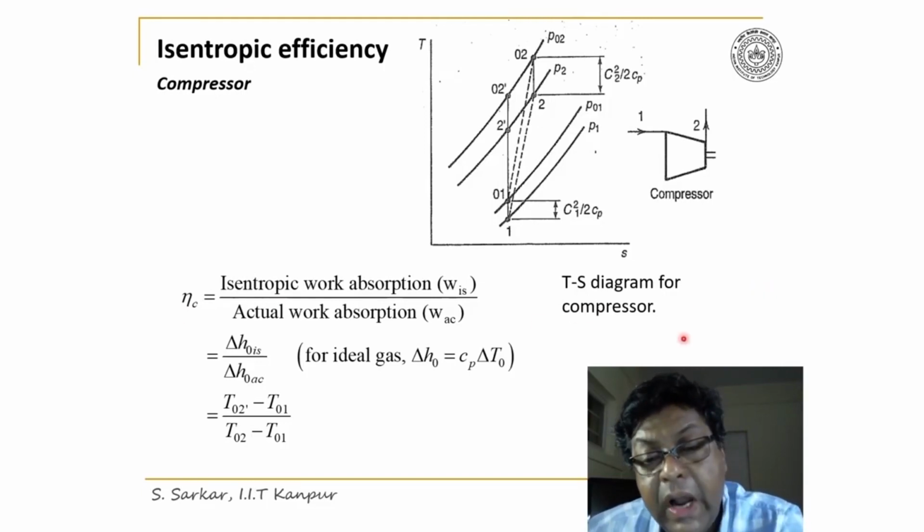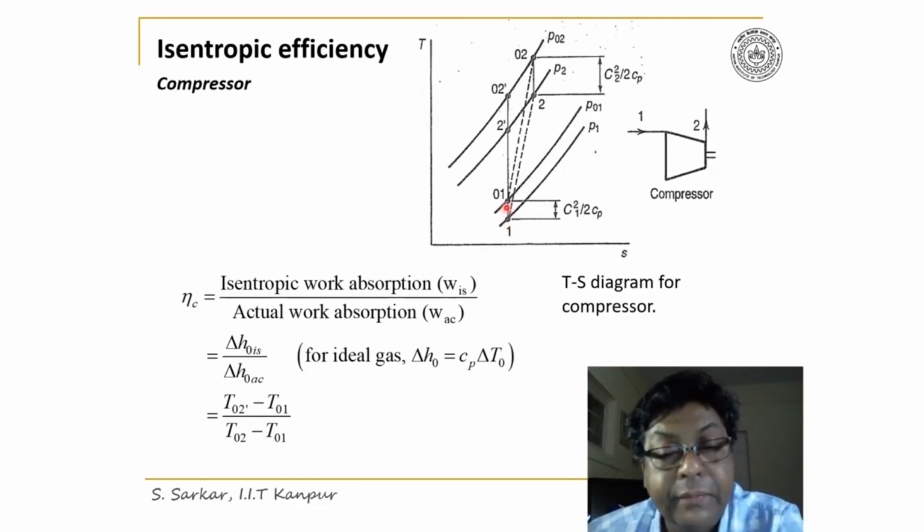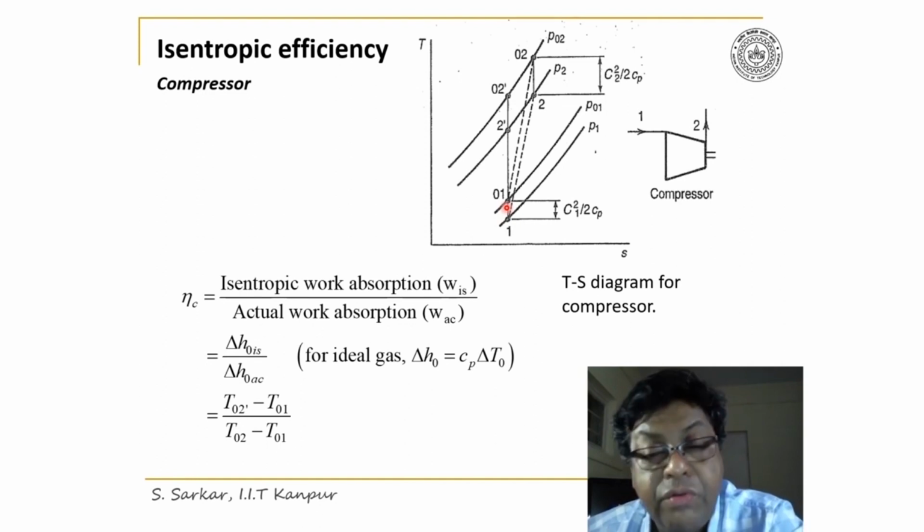Now, I have identified P1 in the TS diagram and the state point 1. From state point 1, if I add C1 squared by twice Cp, I would land at 0, 1. C1 squared by twice Cp is the dynamic temperature.